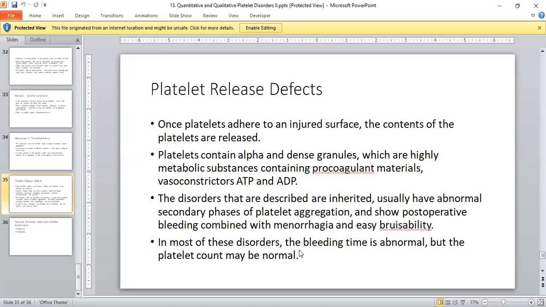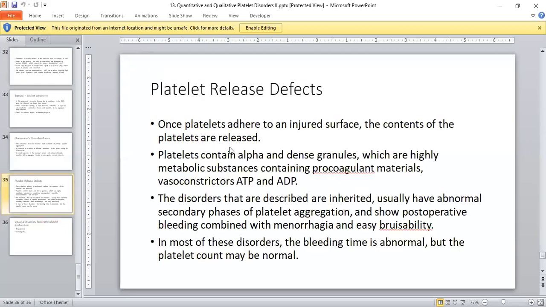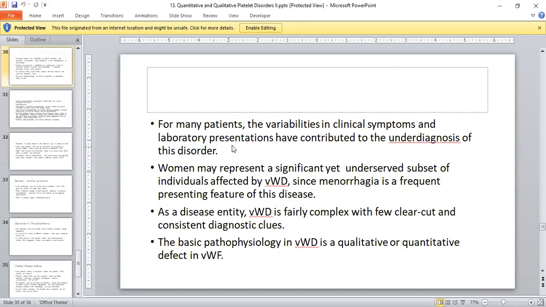It releases the vasoconstrictors. So these are some of those conditions that lead to problems with platelet dysfunction. With that, I think we've covered the problems that are involved with platelets. Let me just see if there are more.